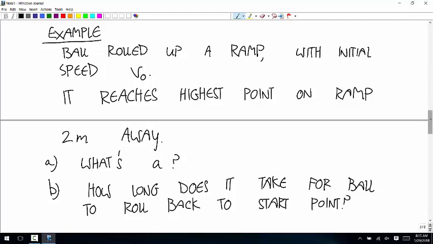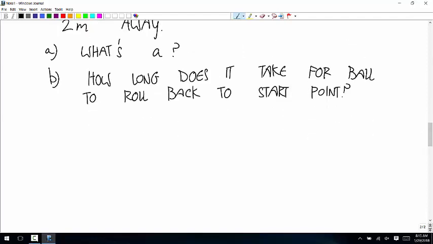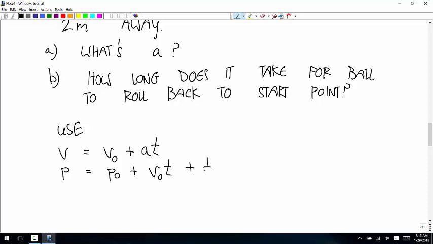Okay, yeah, good question. I'll give you all of those 3 main equations. So what you're going to use here is V is equal to V0 plus AT. P is equal to P0 plus V0T plus 1/2 AT squared.